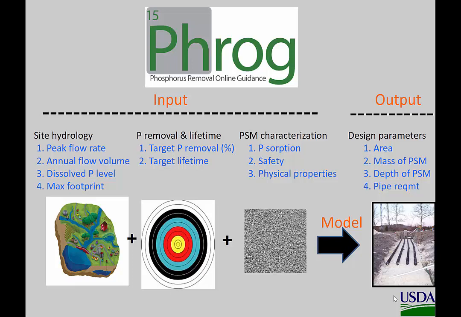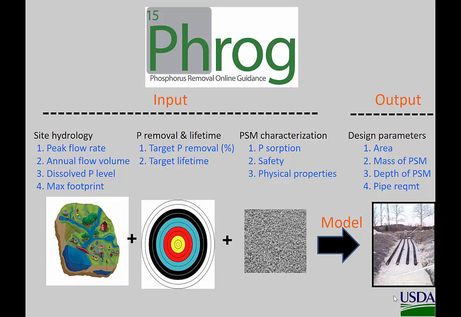What area does it need to encompass? What depth does it need to be? And what's the pipe requirement to be able to handle those desired flow rates? And we have this set up specifically for doing beds or ditches, because ditches are a bit unique hydrologically, so we have a special set of algorithms for that.